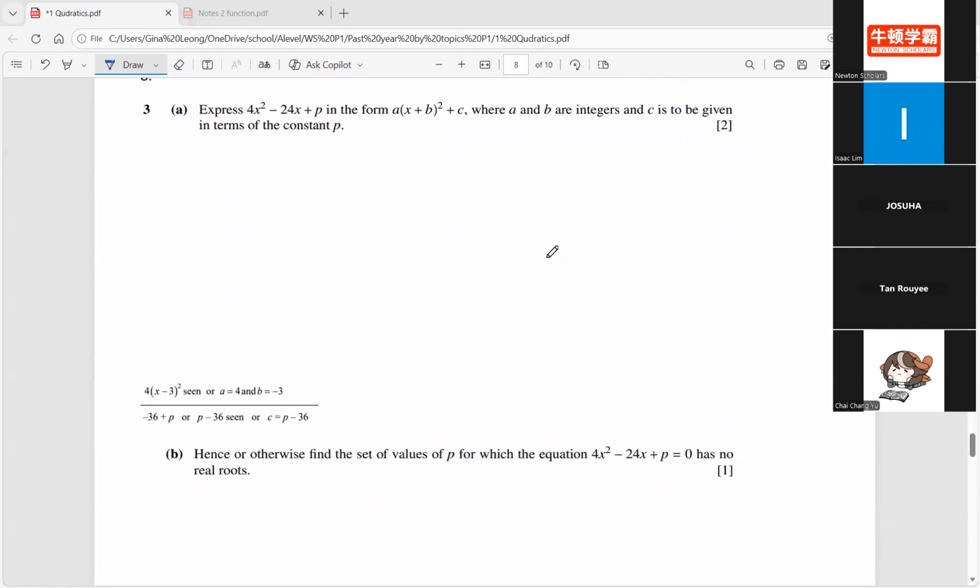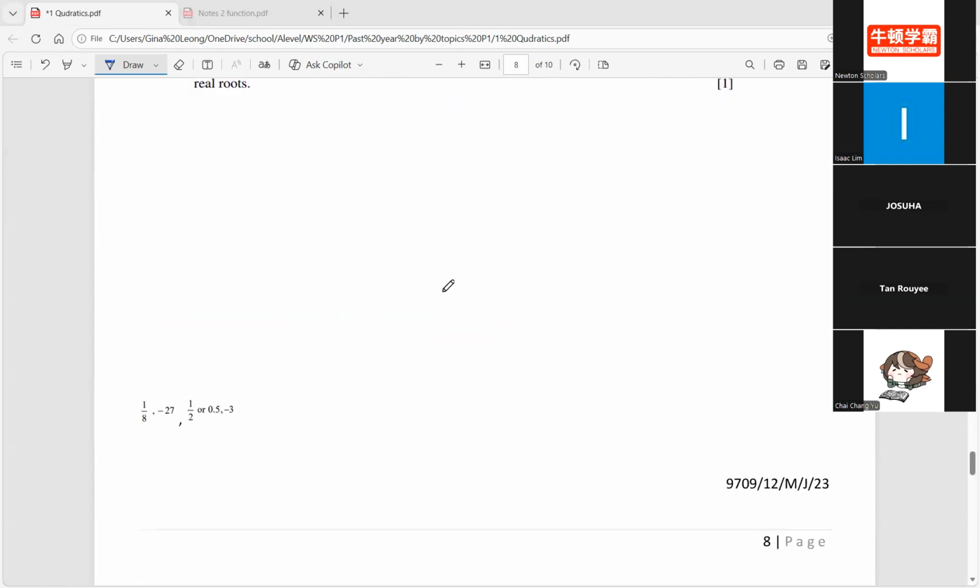Okay, you try to do it and send me the answer. Okay, for B, answer is not this one. This one wrong. Okay, the answer is 36 less. P is more than 36.